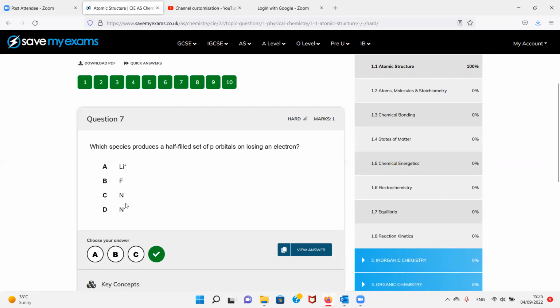And here, if you look at the nitrogen -1, if it loses an electron, which is this negative charge here, which is the -1, then this will result in half-filled electrons.